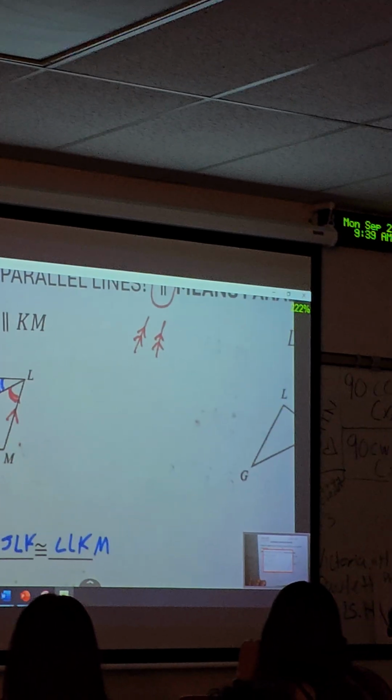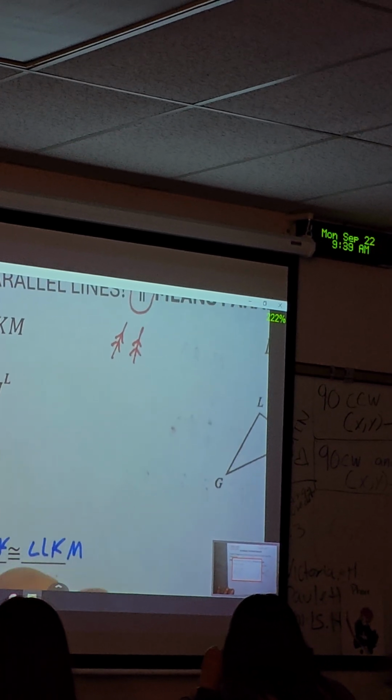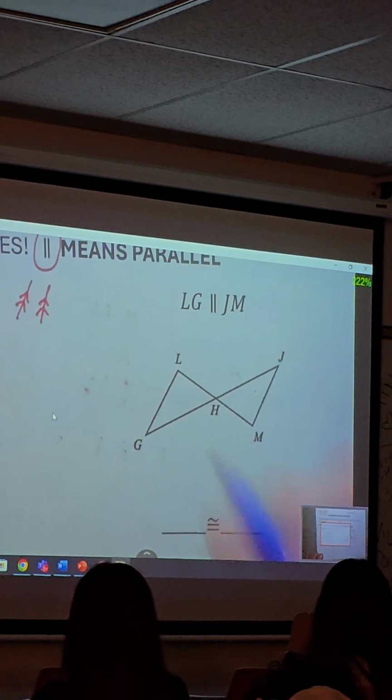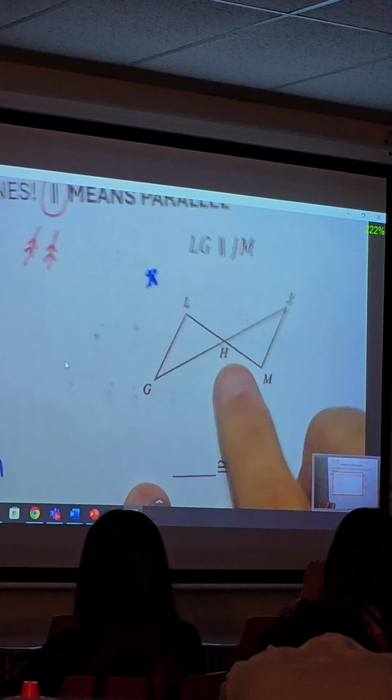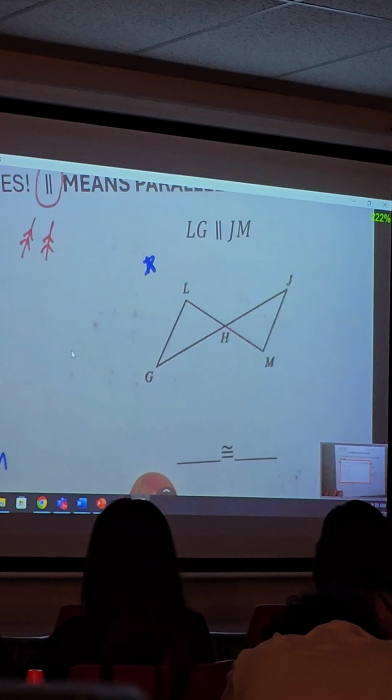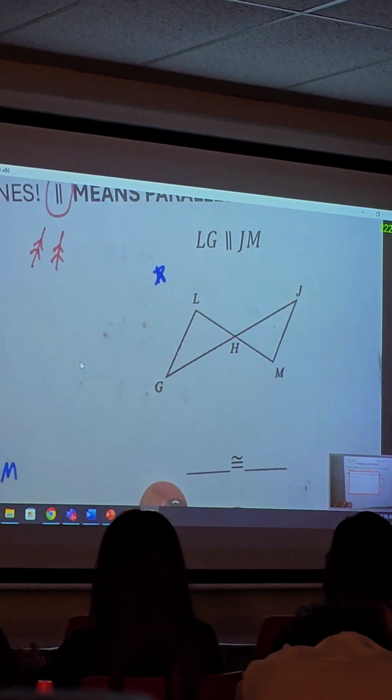Pictures on here so you can see what else is there. This is what that kind of picture looks like. You're going to see a lot of alternate interior angles with pictures like this. Okay. So LG is parallel to JM.